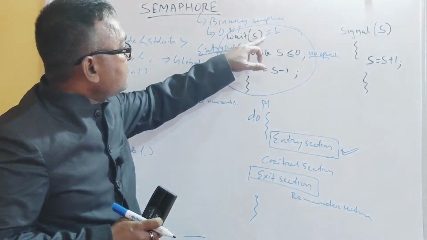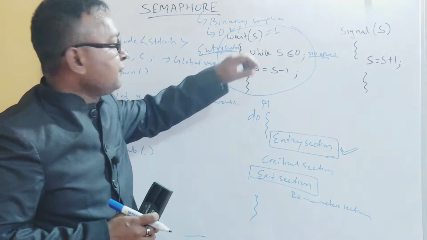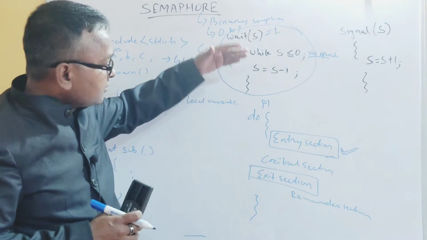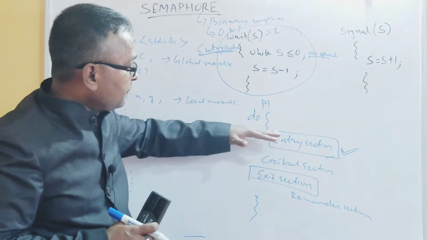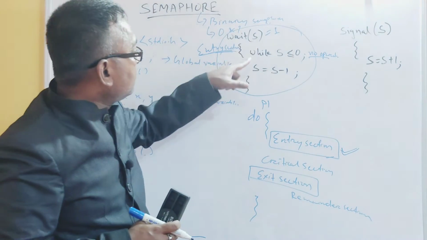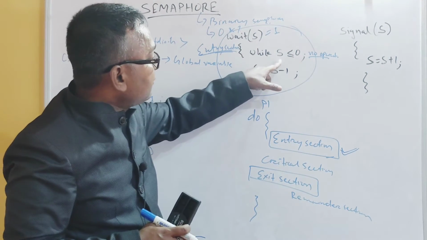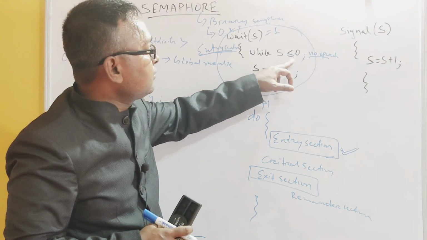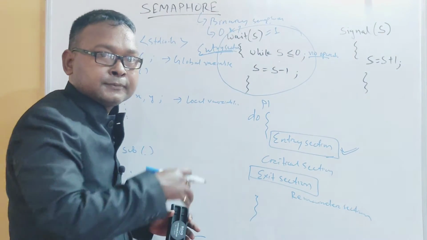Our semaphore value is initialized to 1. P1 wants to access the critical section, so it is executing this code in the entry section. We have semaphore value 1. While the semaphore value is less than or equal to 0, that is, 1 less than or equal to 0, is it true or false?